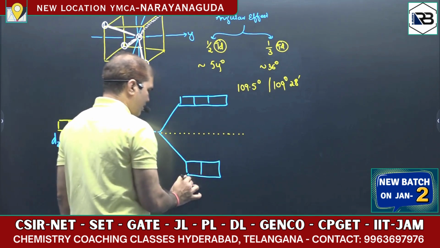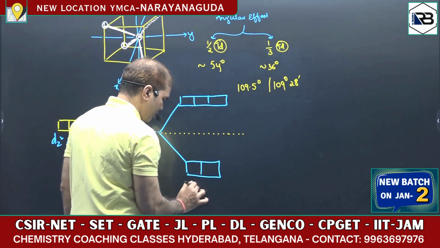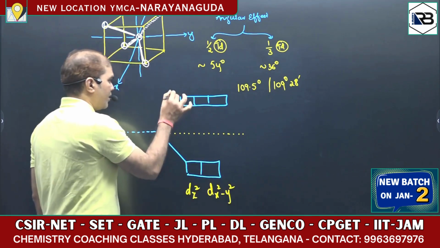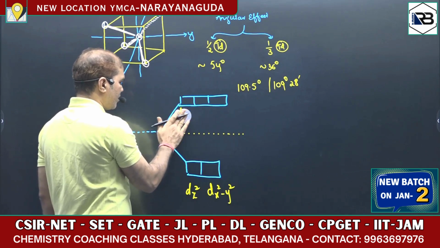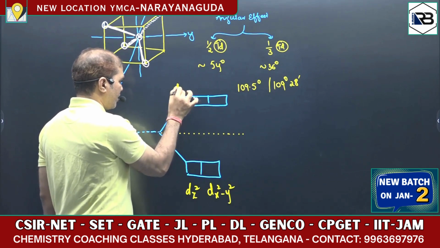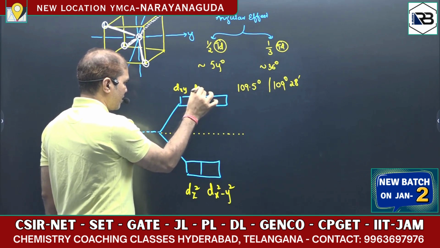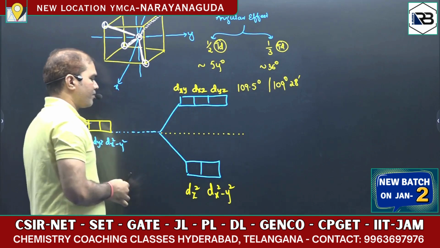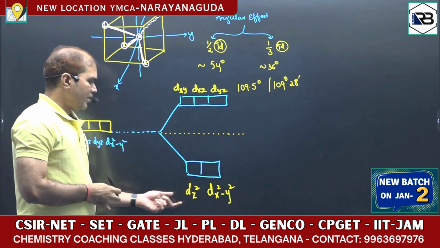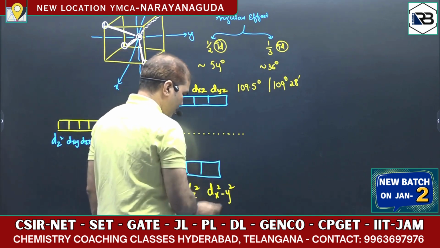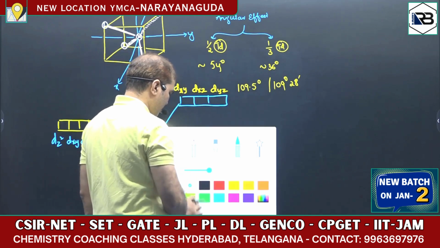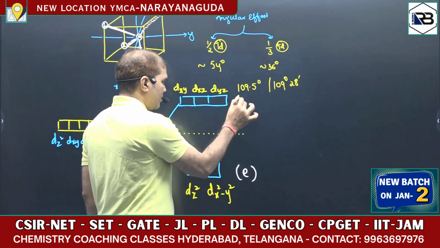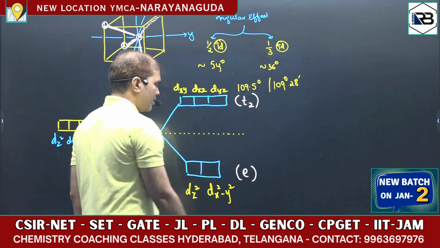The lower set has dz square and dx square minus y square, and the higher set has dxy, dxz and dyz. According to symmetry labeling, the lower set is called the E set and the upper set is called the T2 set, just as in octahedral.